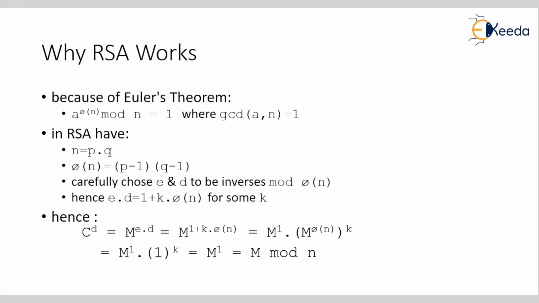To find the plain text, we compute C to the power of D, which is M to the power of phi of n to the power of k times M, giving the final formula C to the power of D is M mod n.